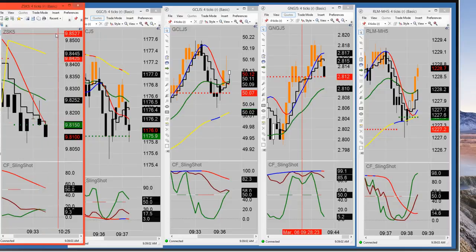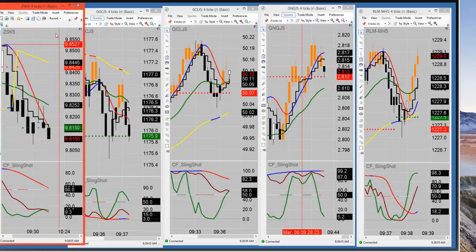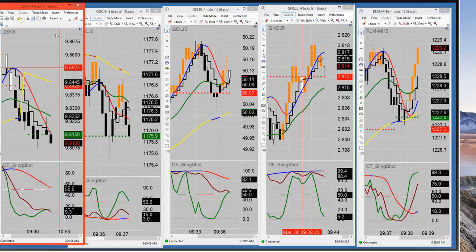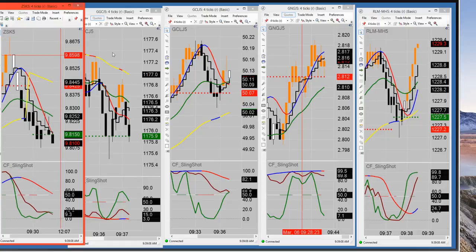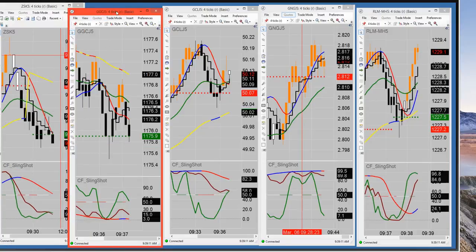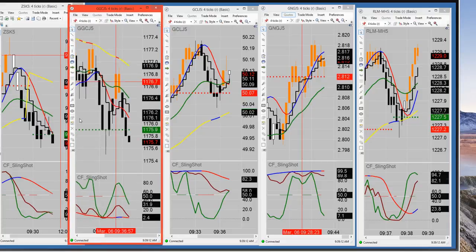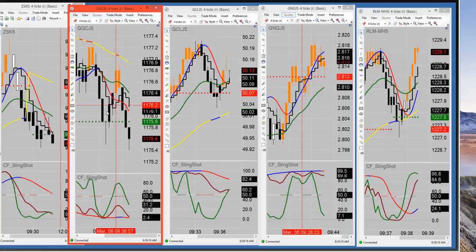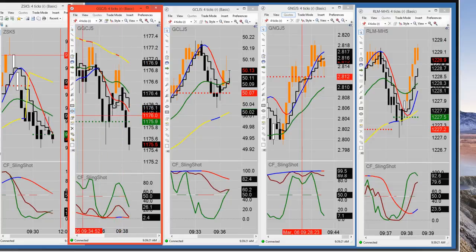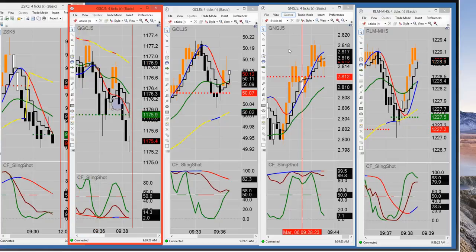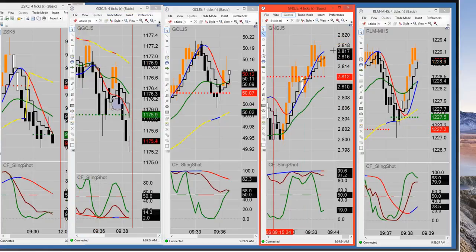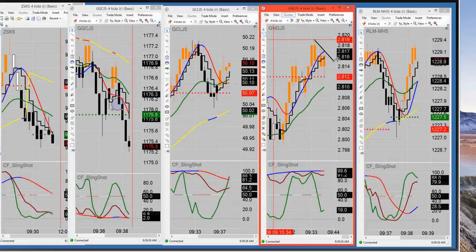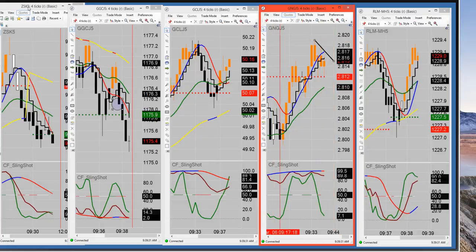No divergence over here on the soybeans. Okay, and on the gold, the gold could have been traded right here, from right here. All right, come on, there we go. Could have been traded from right there. On the natural gas, you can see it's pulling back over here, and the Russell's got nothing for us.